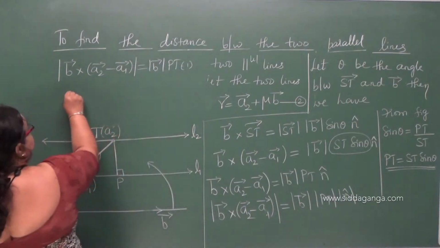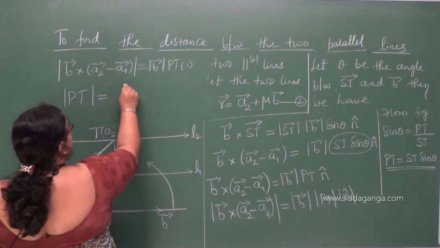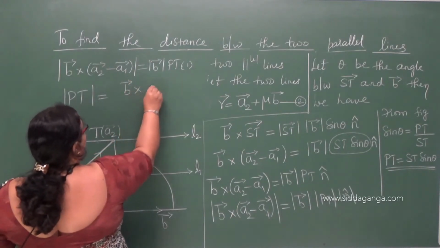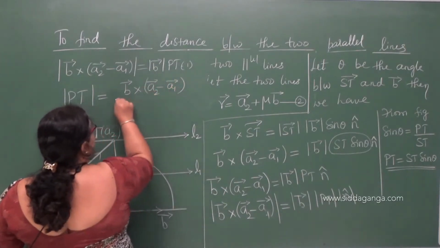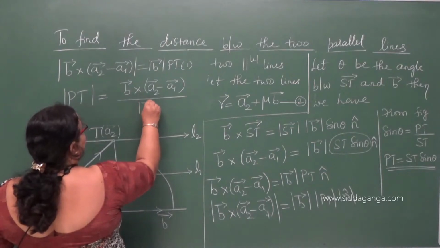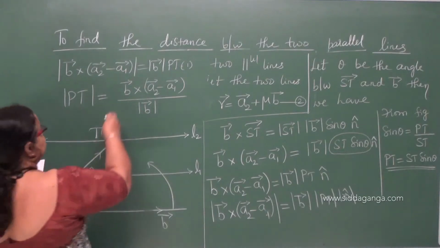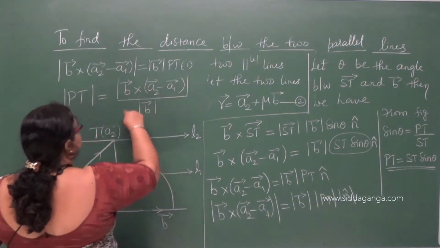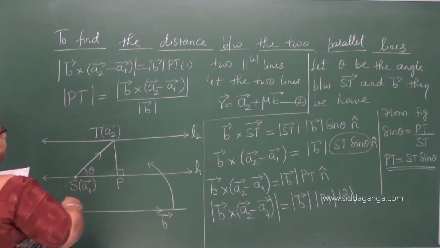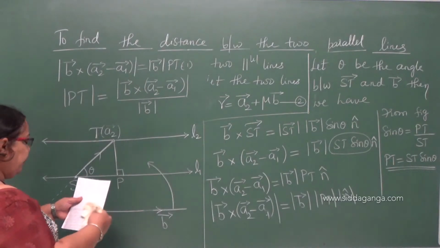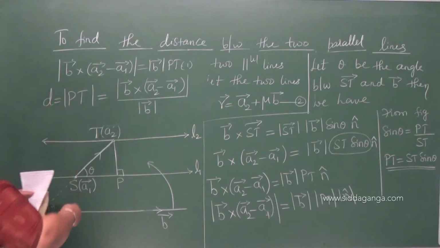So therefore magnitude of PT is equal to magnitude of vector b cross of vector a2 minus vector a1 divided by magnitude of vector b. Since the distance is always positive, we take the modulus. The magnitude of vector PT is nothing but the distance between the two parallel lines.